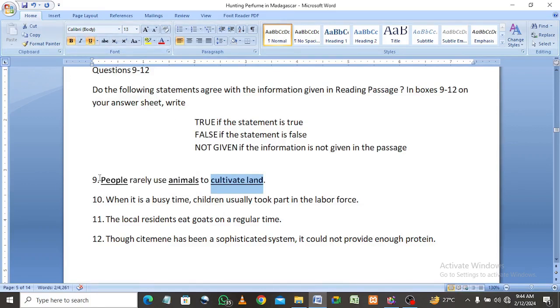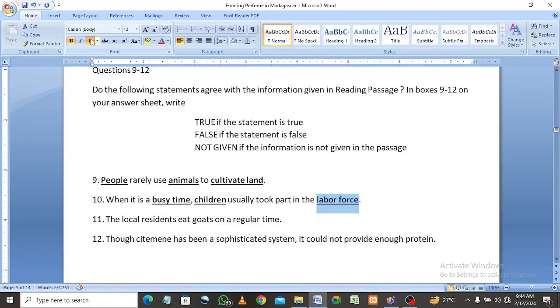Now let's look at the scanning keywords in question 10. The scanning keywords here are children. Make it bold. Busy time. Make it bold. Then labor force. I also make it bold.